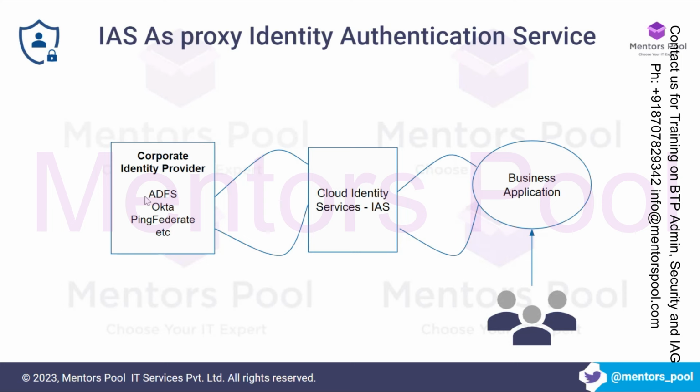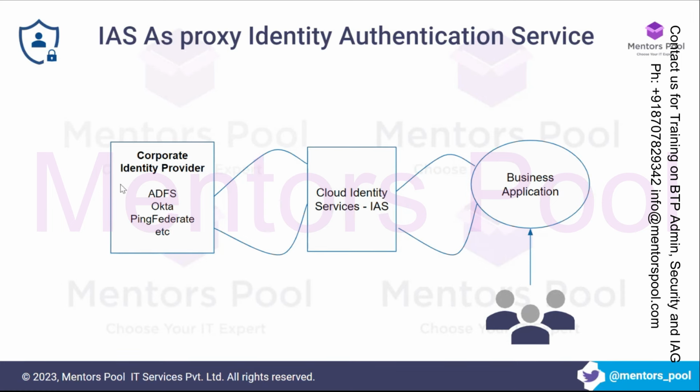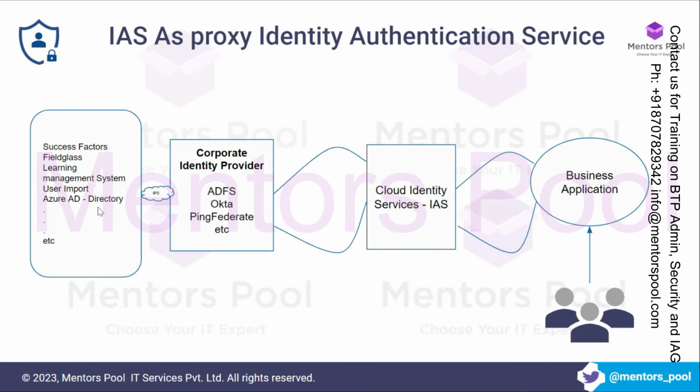Second thing, what next extension we can understand in this, as we understood in the last use case, is that this corporate identity provider may again be getting data from different source systems, but again this periodic sync will be happening. This corporate identity provider may be getting the data from SuccessFactors, and maybe the companies are mostly focusing on SAP solutions.